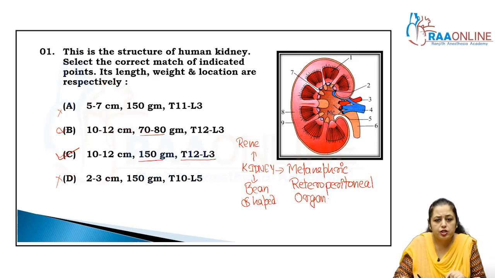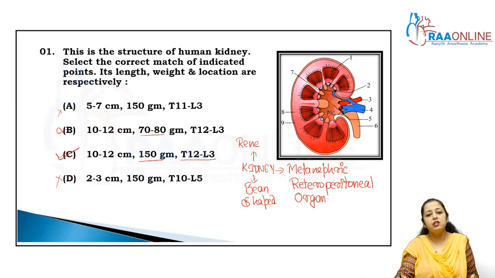So now come to the first question, right? In that first question, we will ask about the human kidney structure, which is also given in the NCERT on page number 292, right? In which the length, the weight and the location of the human kidney is mentioned.